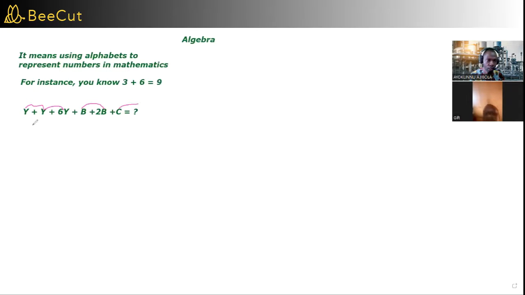So how many y's can you see? 3. Okay. How many b's can you see? 2. But I can go ahead and say this is 8y plus 3b plus c. This is my answer.